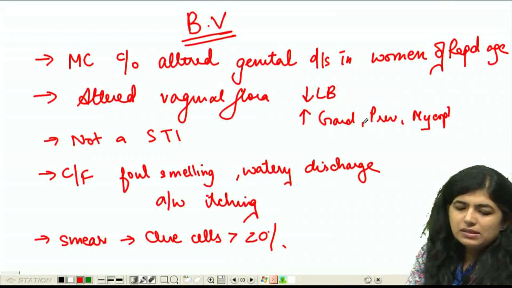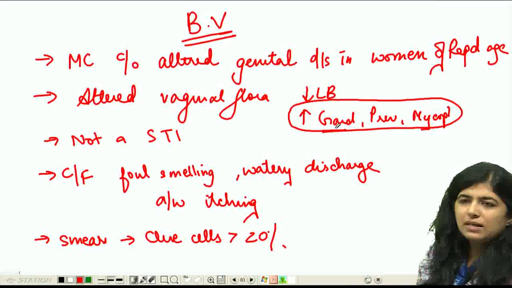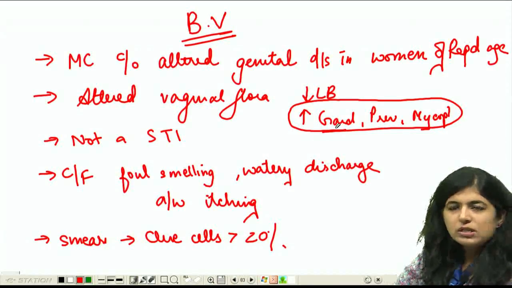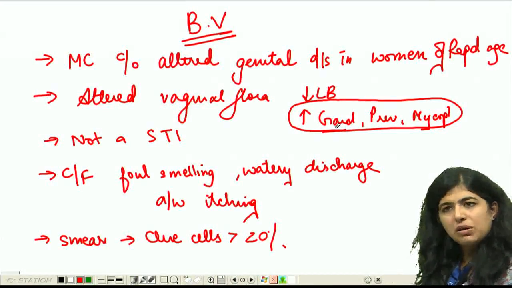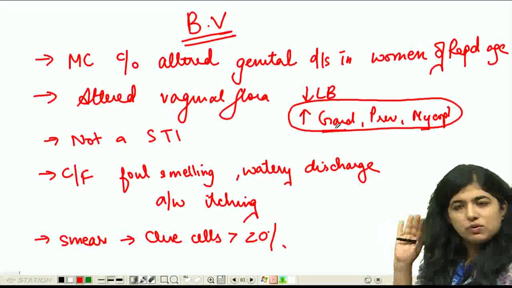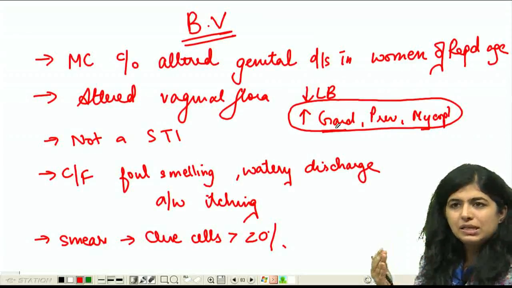Because these organisms are commensals, they are living normally in the vaginal tract. In case of bacterial vaginosis, what happens is that their number increases, lactobacilli decreases. So clue cells which were normally present also, because these organisms are normally there, will now suddenly increase in number. Around 5-10% clue cells will be found in even normal vaginal smear.